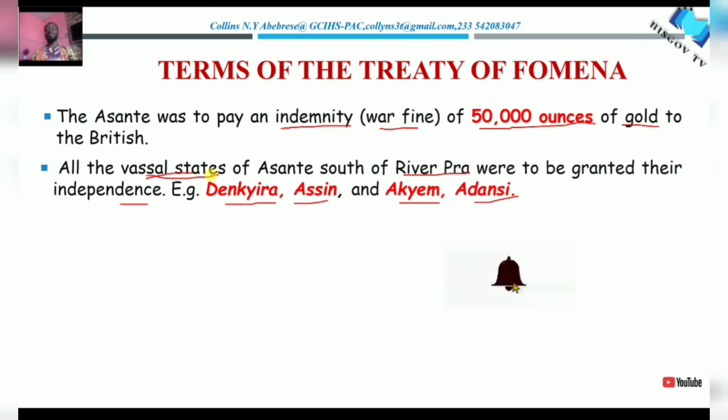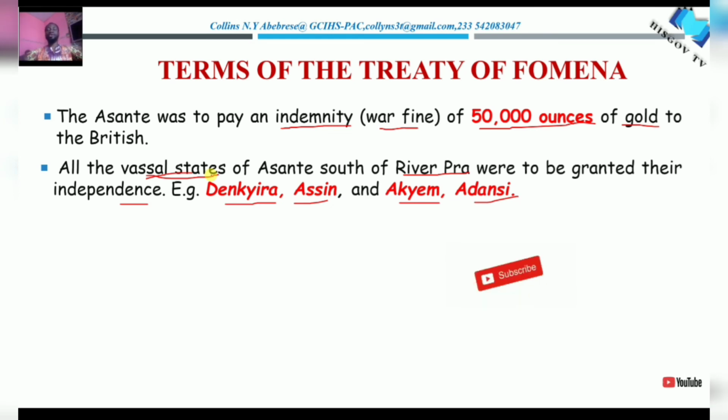So indeed, some people struggled for independence twice, if I may say it in that way, because all this time Asante was autonomous, but some states were not. So some states actually had to fight for their independence twice after the British colonial rule. They had to fight for their independence from the Asante Empire, and also fight for their independence from the British. And that is interesting. So Asante was asked to renounce claim of all these states.